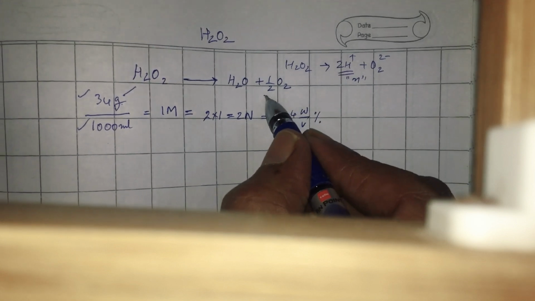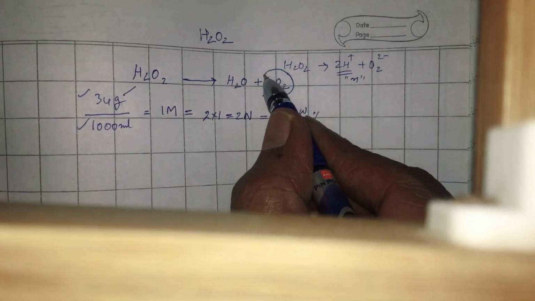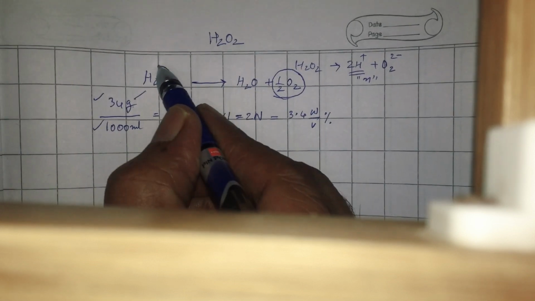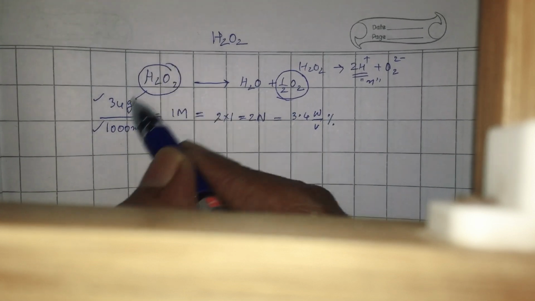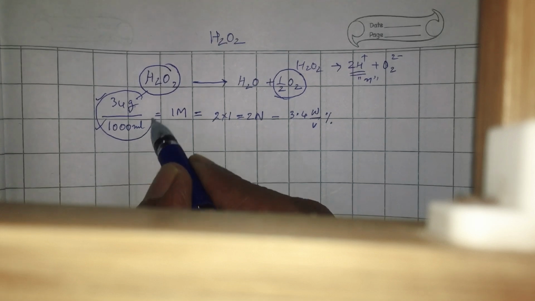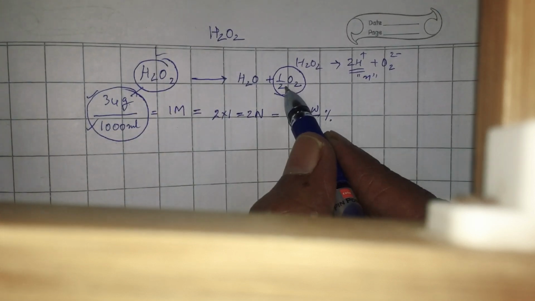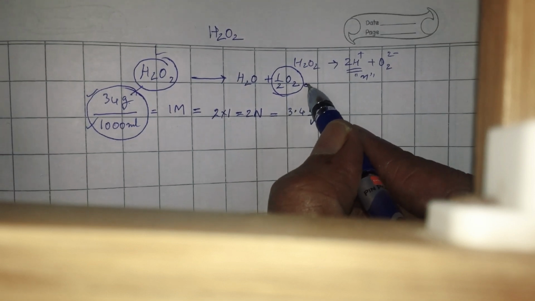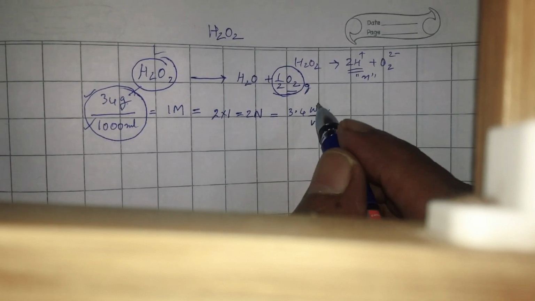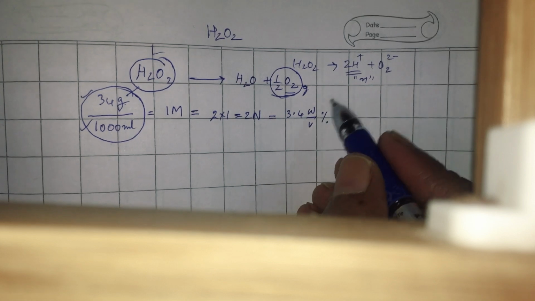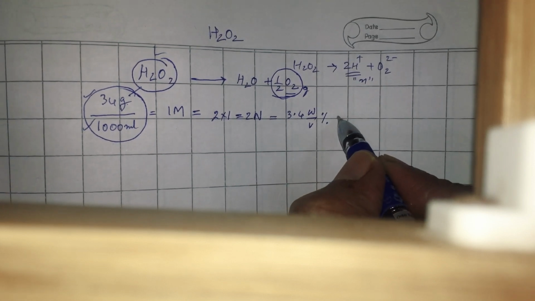And if you look at this equation, half mole of oxygen is coming from every 1 mole of H2O2 that is there in 1000 ml, that is 1 liter. So 1 liter of this solution is giving half mole of oxygen gas at STP. 1 mole of any gas occupies 22.4 liters, you know that.